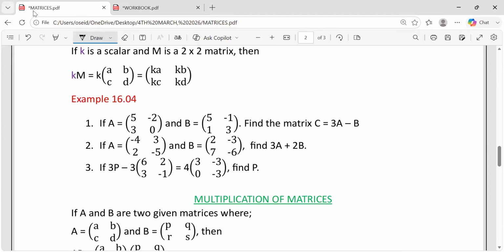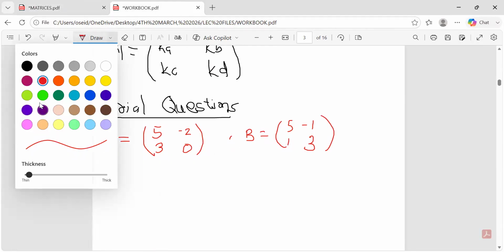Matrix C. So matrix C equals 3A minus B. Which is equal to what?